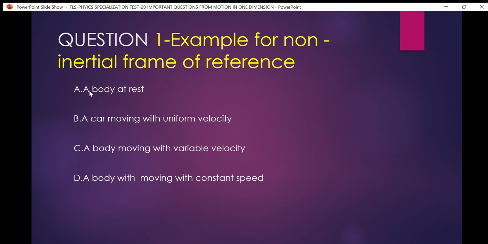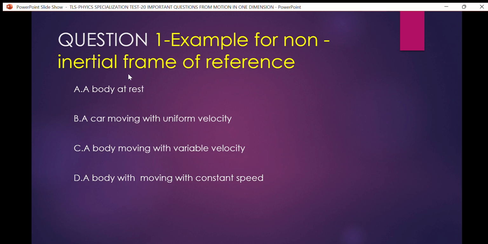In the first option, a body at rest. Here first law is valid. A car moving with uniform velocity. Again the first law is valid. And a body moving with variable velocity. So variable velocity, there is a possibility of change in velocity, that means acceleration. And a body moving with a constant speed, again it is dealing with the first law.